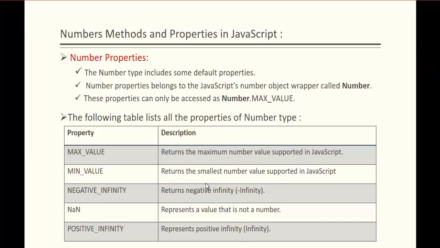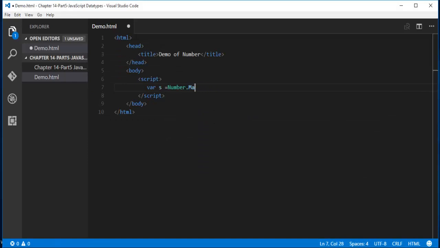Yes, caps MAX_VALUE. Now alert s. When I do alert s, what is the output we're going to get? It's going to show the maximum value the number object can take.